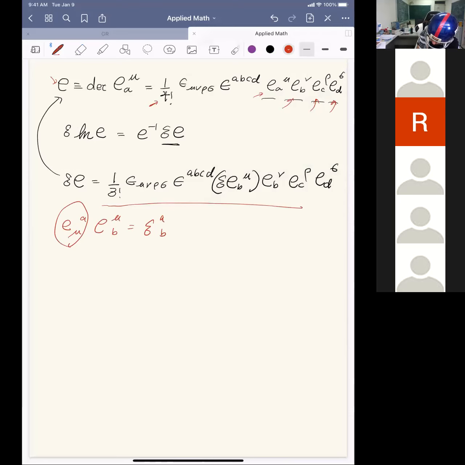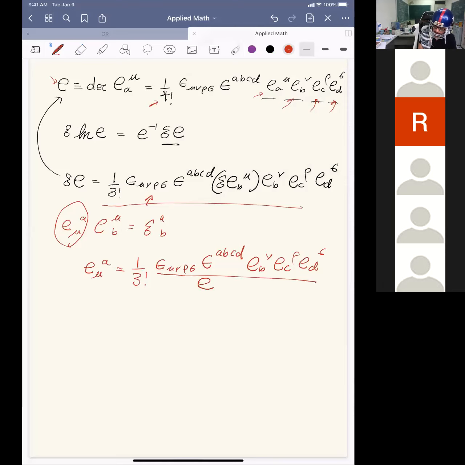If you've taken the course before, or in applied math, you know that another way of writing the inverse is precisely in this form: 1/4! epsilon epsilon_{A B C D} E_B^nu E_C^rho E_D^sigma, and then of course you divide by the determinant E.